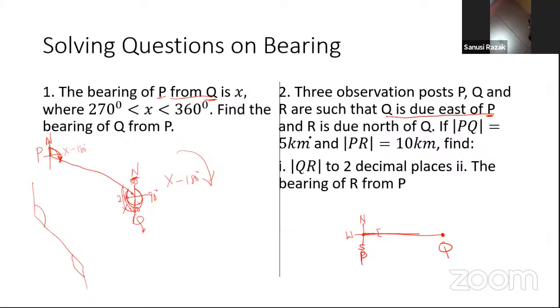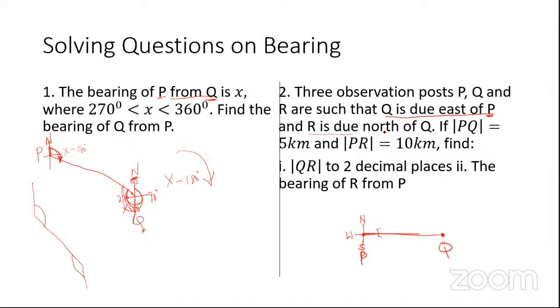You go to the next one: R is due north of Q. Of what? Of Q. So go to Q and draw your 4 cardinal points on Q: north, south, west, and east. Where is the north of Q?